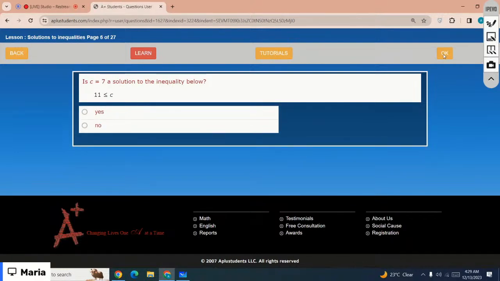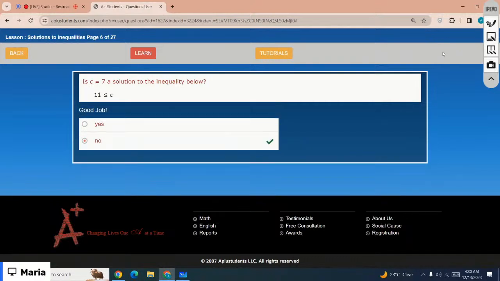Is c equals 11 a solution of the inequality below? No, it is not, right? 11 is not less than 7.